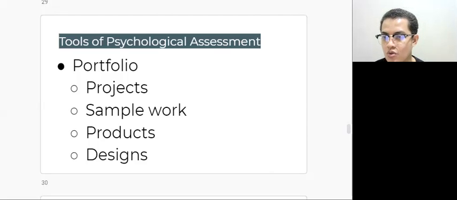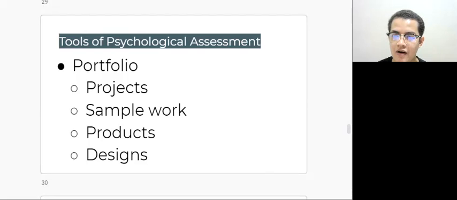Now, this is also true with teacher applicants. Teacher applicants might show their sample outcomes-based teaching learning plan, or some visual aids and sample modules which they prepared in the past. So generally, the portfolio is a tool which you can present to be part of the assessment.